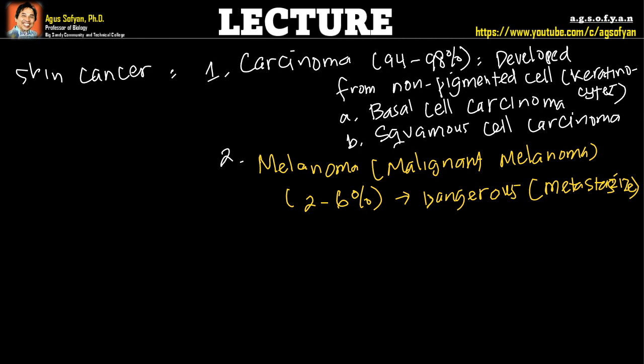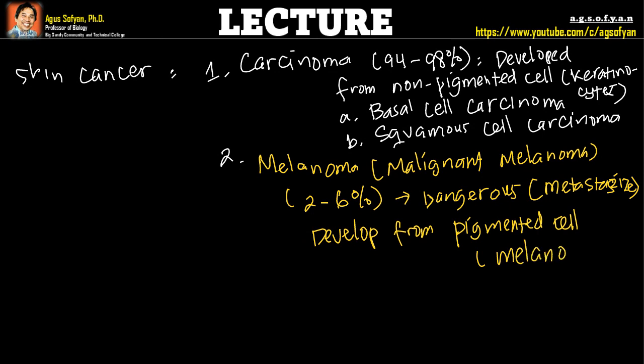This is a dangerous type of cancer, with maybe about 80% mortality for malignant melanoma. And this one develops from pigmented cells, and we know the cell that produces pigment is the melanocyte. So it develops from melanocytes.